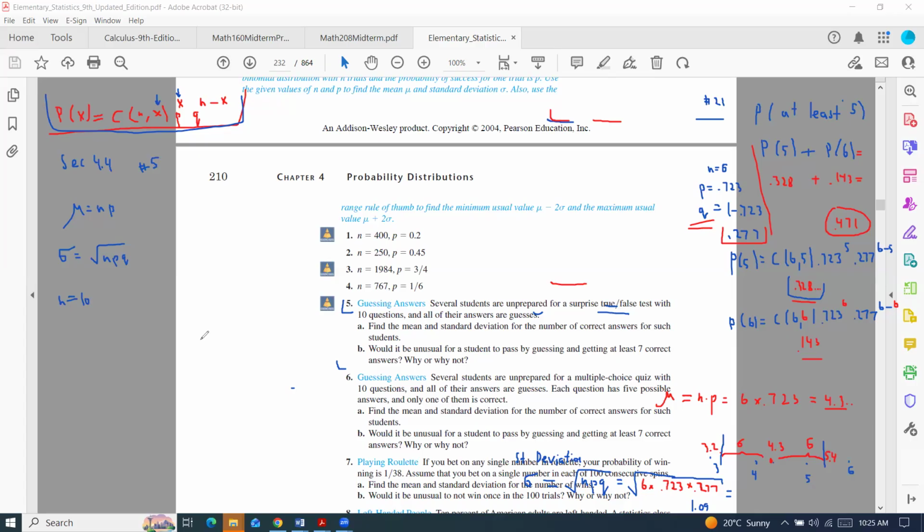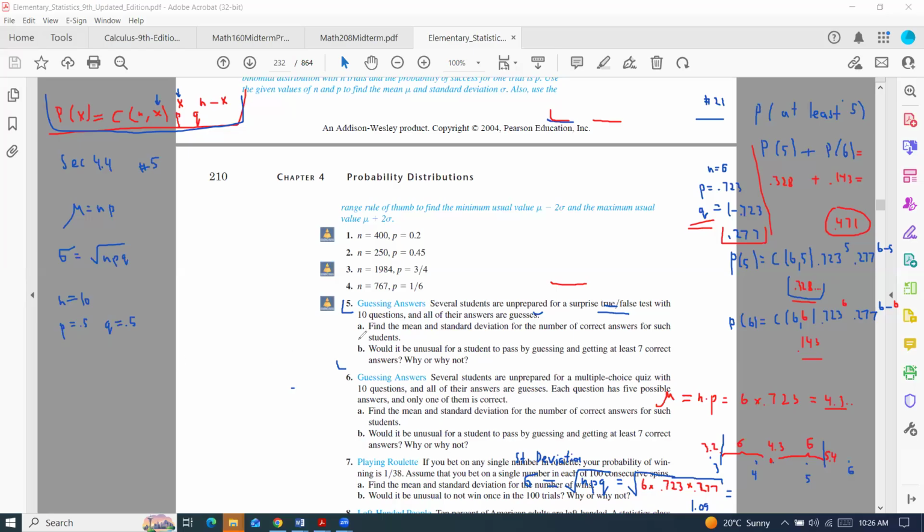True-false questions means the probability to get it right is 50%, and the probability not to get it right, the complement, is also 50%. So it's 50-50, right? P and Q are the same in this case, because if you have no clue what you're answering, not even reading the question, you have a 50% chance you guess it correctly and 50% you guess it incorrectly, 50-50.